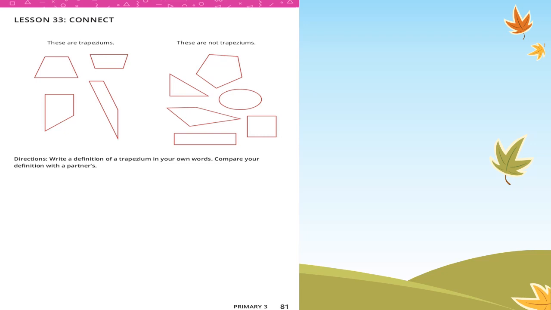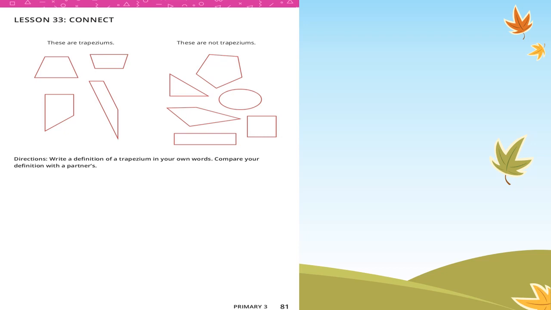We said parallel means cannot meet. So each trapezium has two sides that can meet, so they are not parallel, and two that can't meet, never can meet, so they are parallel.